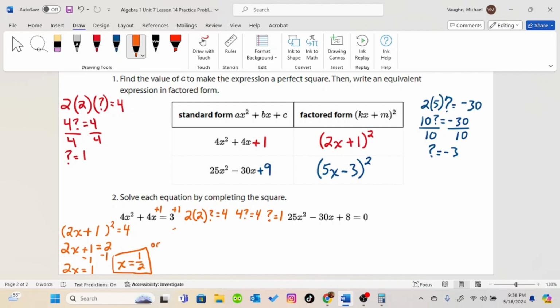Or we would say that 2x plus 1 equals -2. Subtract 1 from both sides and get 2x equals -3. Then when we divided both sides by 2, we would get our other answer, x equals -3/2.